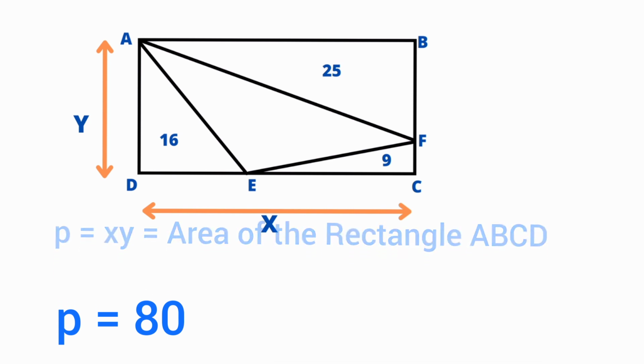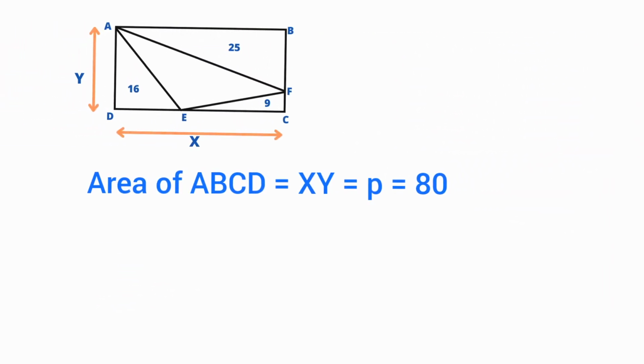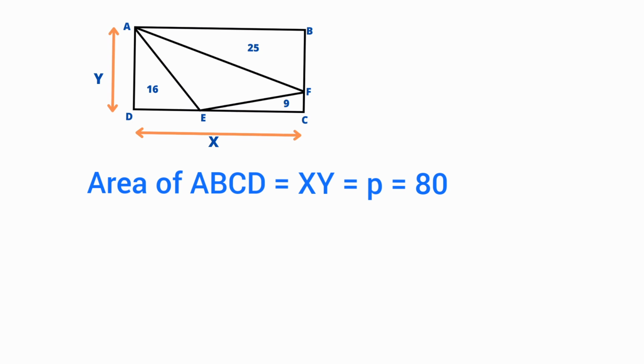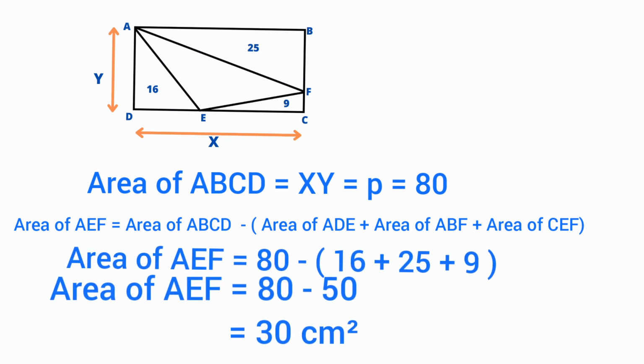So P must be equal to 80. So the area of rectangle ABCD is 80 cm square. Then by simplifying it, we can say that area of AEF is equal to 30 cm square.